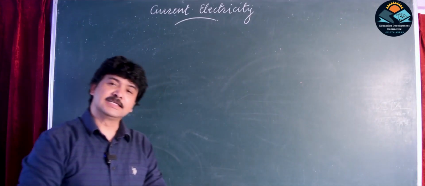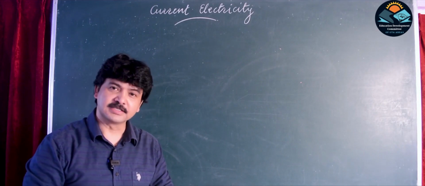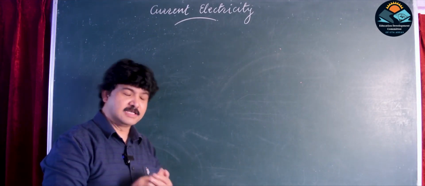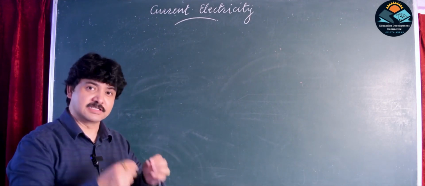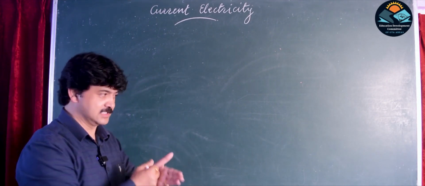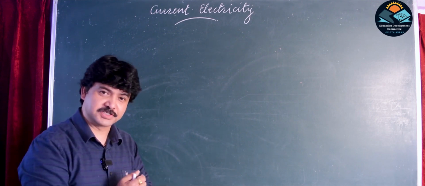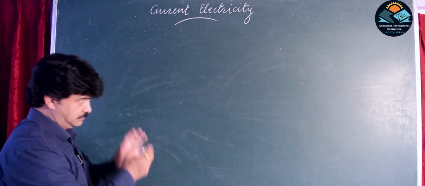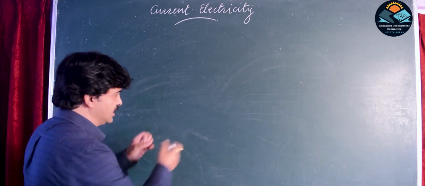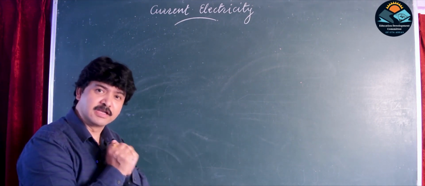So from these illustrations, it's clear that when two things are rubbed together, because of friction, charges are developed. Let's understand the basic concept behind the production of electric charges by friction.